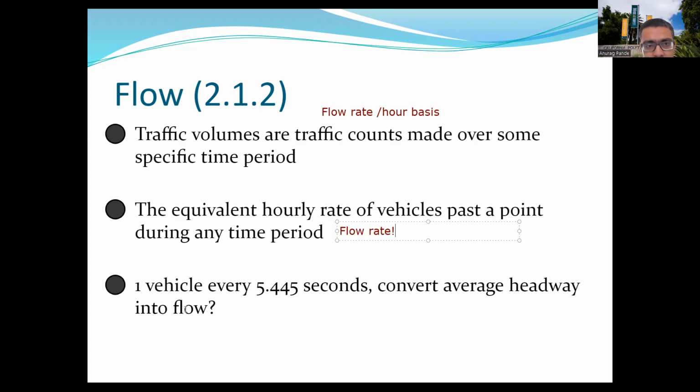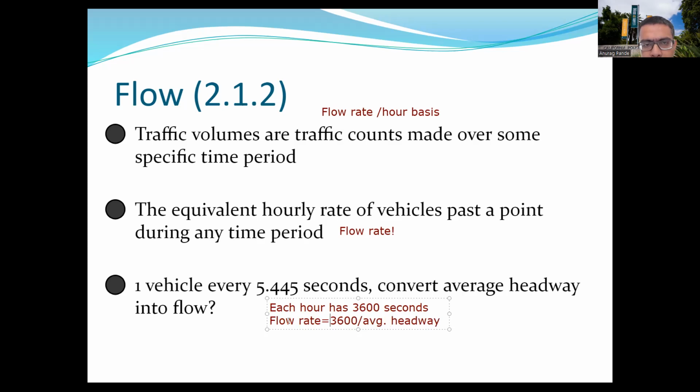In terms of average headway to flow rate, that's pretty easy to do, because each hour has 3,600 seconds. So at one vehicle every 5.445 seconds, you divide 3,600 by the average headway, which always gives you what we call flow rate.